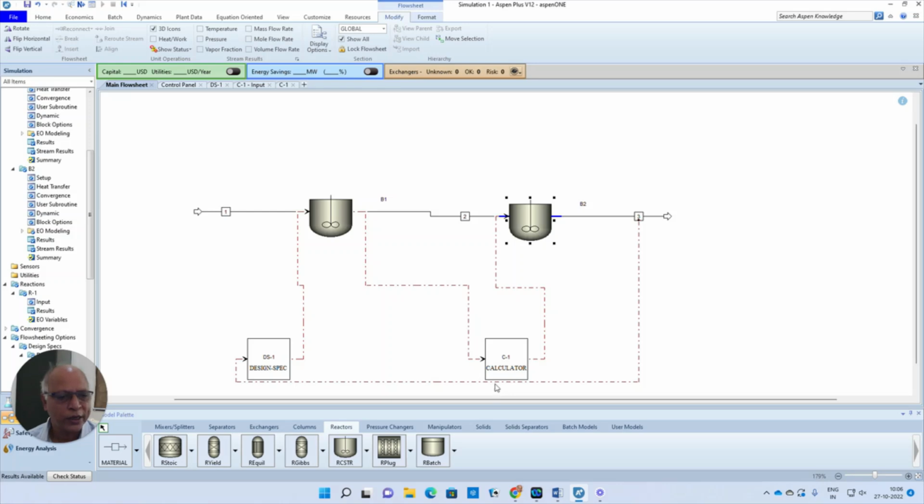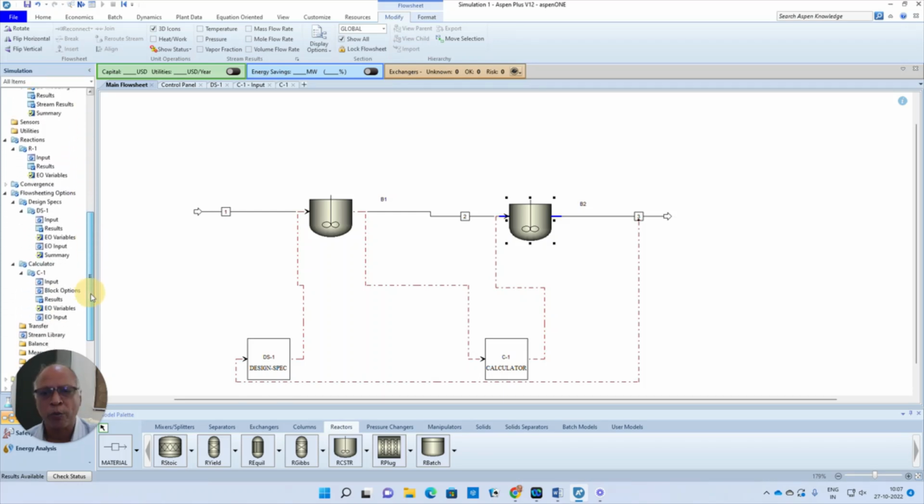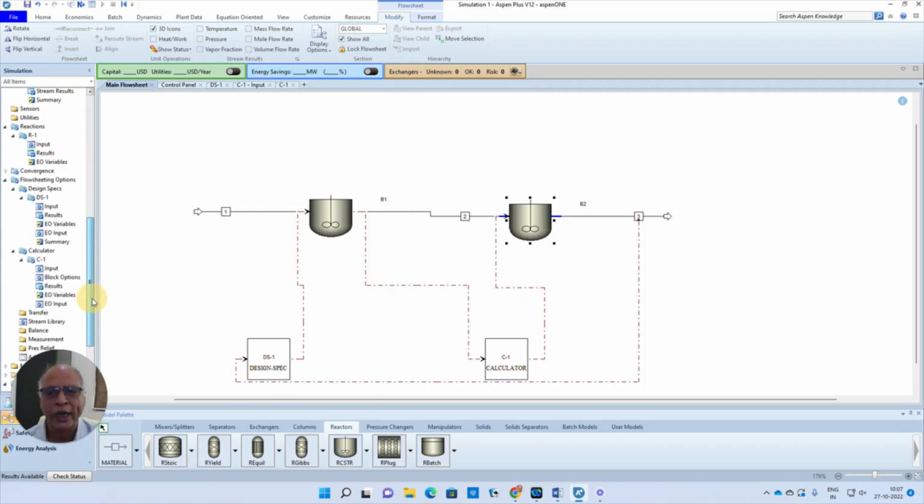So what we have done in addition, whatever limitation we had of not being able to vary more than one variable is now being overcome by incorporating this calculator block. So like this, we have seen earlier the splitter model, which doesn't have any logic. We were able to incorporate that logic into the splitter model using a calculator block. So like this, you should be in a position to employ wherever necessary the use of a calculator block.